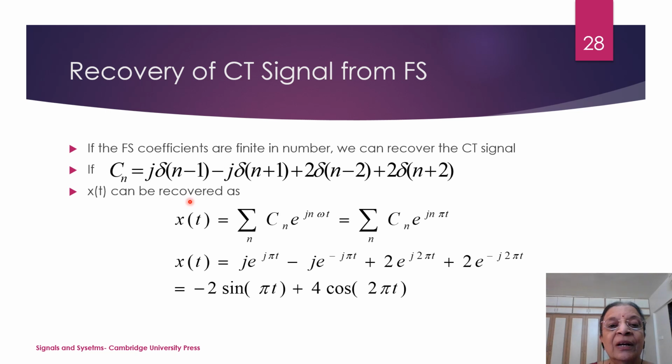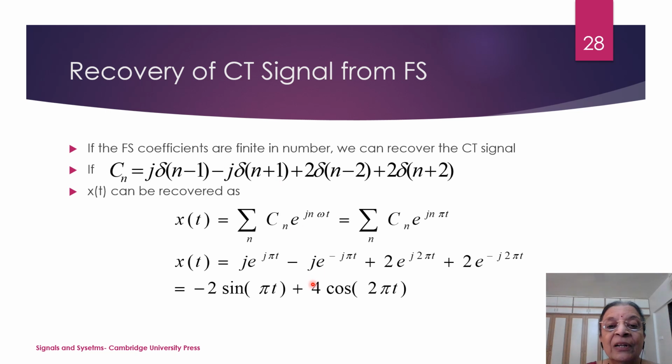Now, how can you recover x(t)? x(t) will be equal to the summation over n of Cn e raised to j n omega t. What is j n omega t? Omega is 2 pi f, so it is j n pi t. I can write x(t) as j, e raised to j pi t, because there is a shift of one sample, so j pi t.